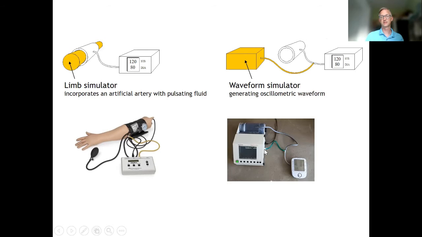The waveform simulator just generates oscillometric pulses, which are then fed to the tube between the device and its cuff. And the vast majority of commercial simulators are waveform simulators.